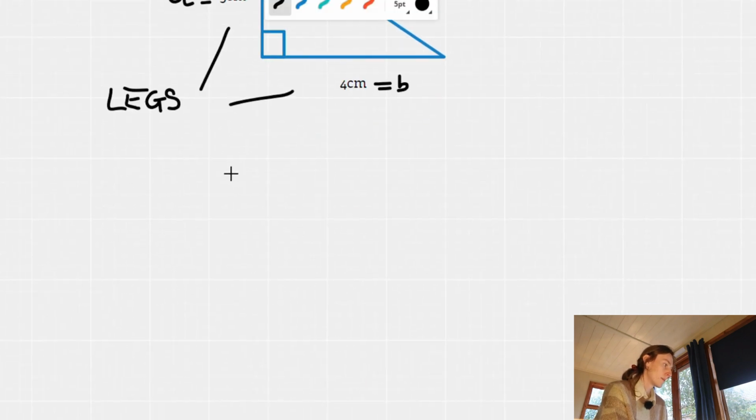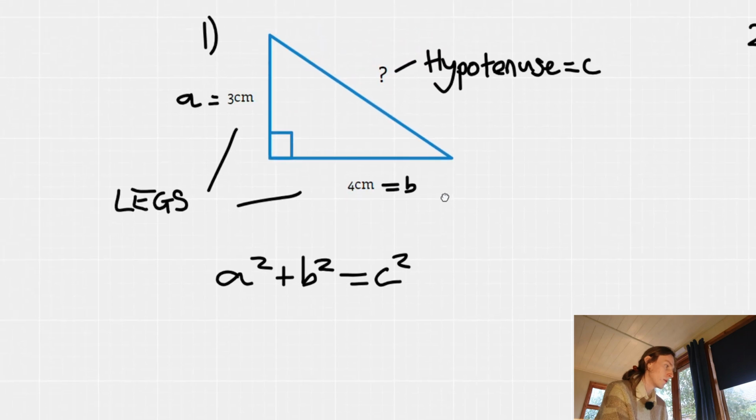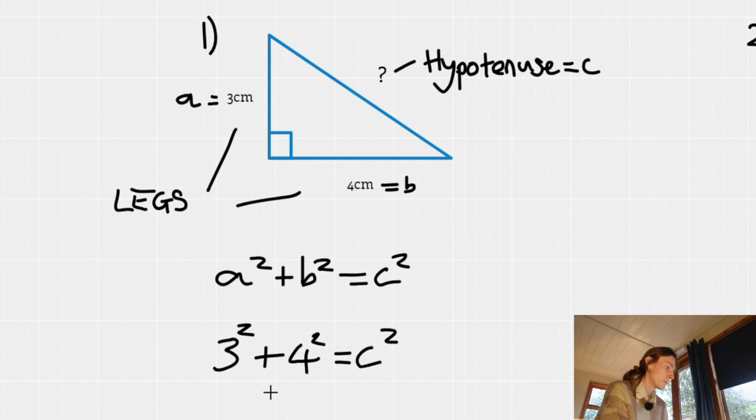So let me rewrite the Pythagorean theorem down here so you can see. And in this example up here, we have A is equal to 3 centimeters, B is equal to 4 centimeters, and C we don't know, so we keep it the same.